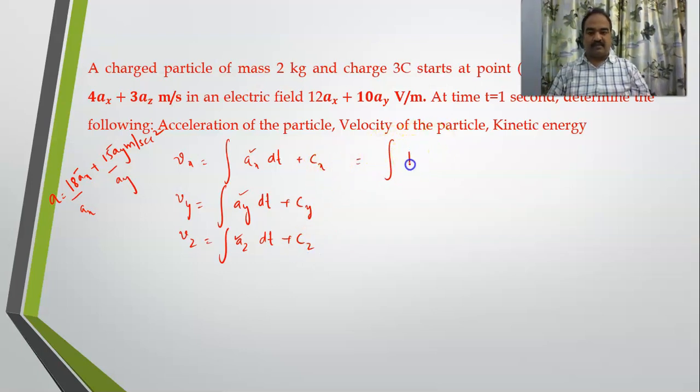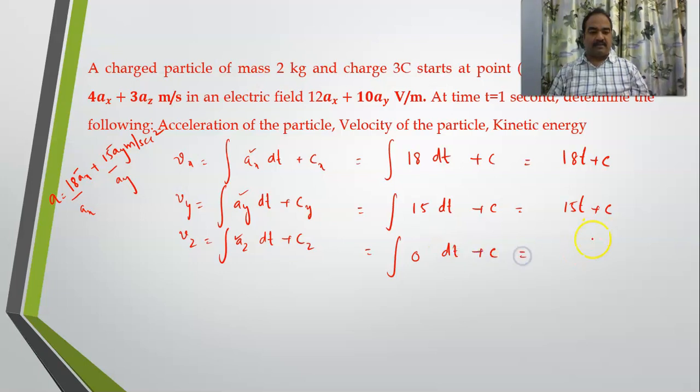So vx is nothing but integral of 18 dt plus c. So I'll get 18t plus cx, right? This is also integral of ay is nothing but 15 dt plus some constant, it is 15t plus cy. Here I don't have any component of z, so I'll take it as integral of 0 dt plus cz. So what I'll get, this is cx, cy and cz. So these are the velocity components in x, y and z directions.